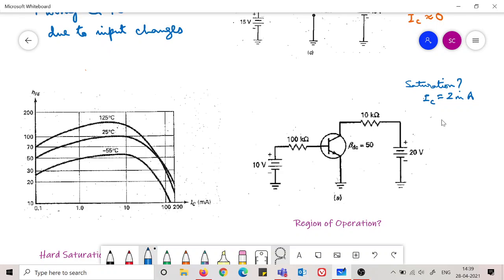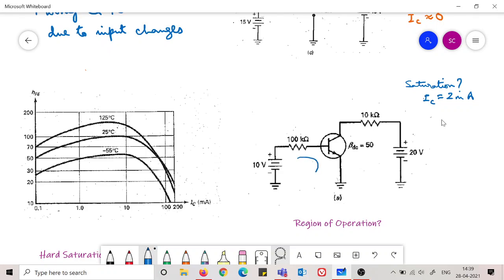So this can happen if this VC is 0. So we now have to see what the IB is here. This is important now. We cannot simply look at IC and say anything. We also have to see what the IB is.